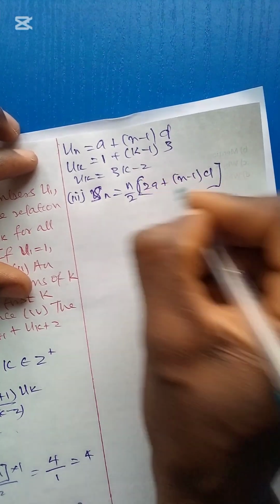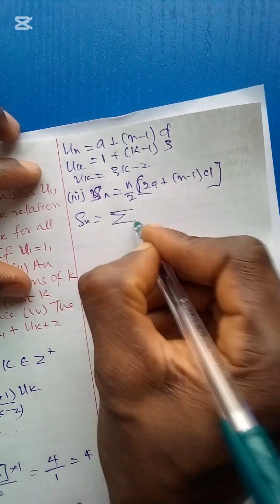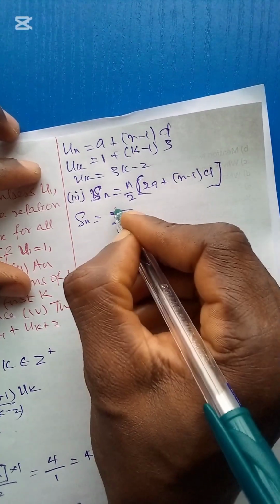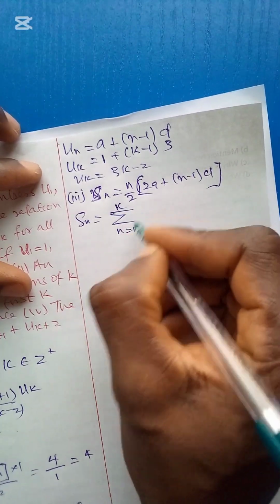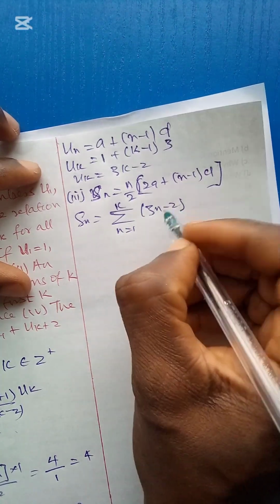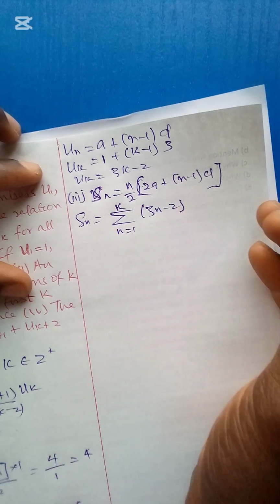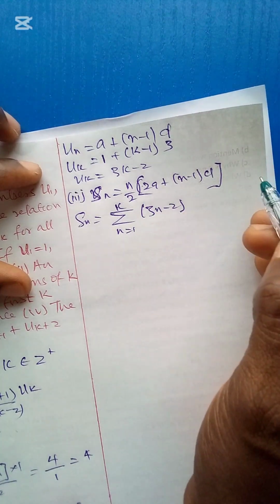We are going to use this one to find it. It is the same thing as summation n equals 1 up to k of 3n minus 2. So these two expressions are the same or equivalent, whichever one is applicable.